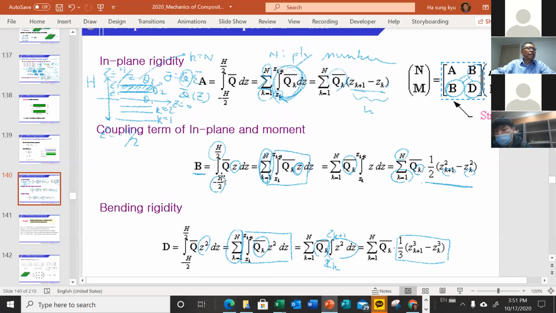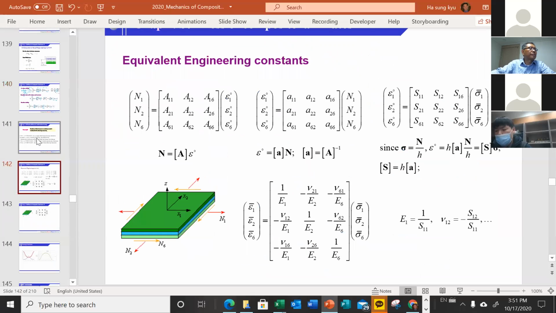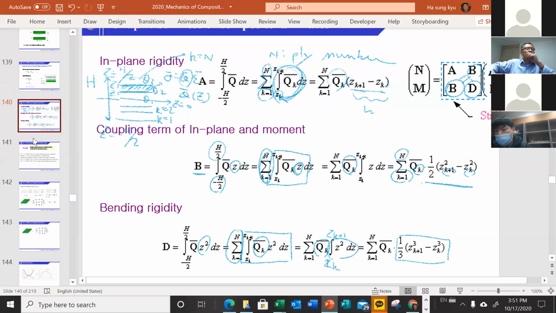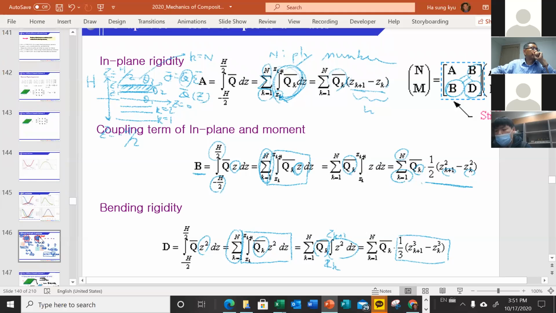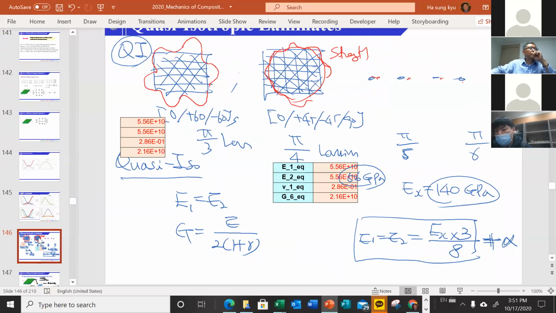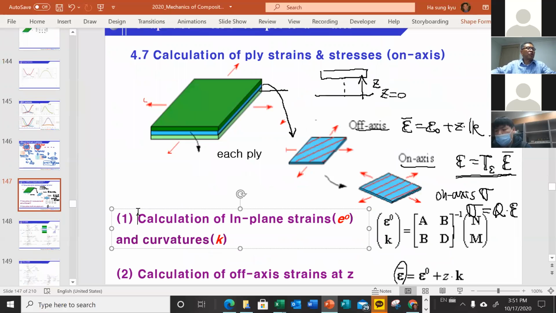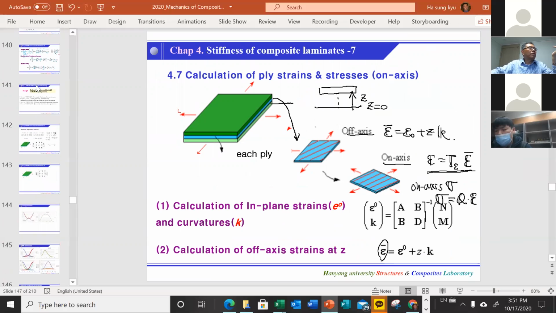So here is how we calculate the ABD matrix numerically, and this is where we need to program again to calculate the ABD matrix.